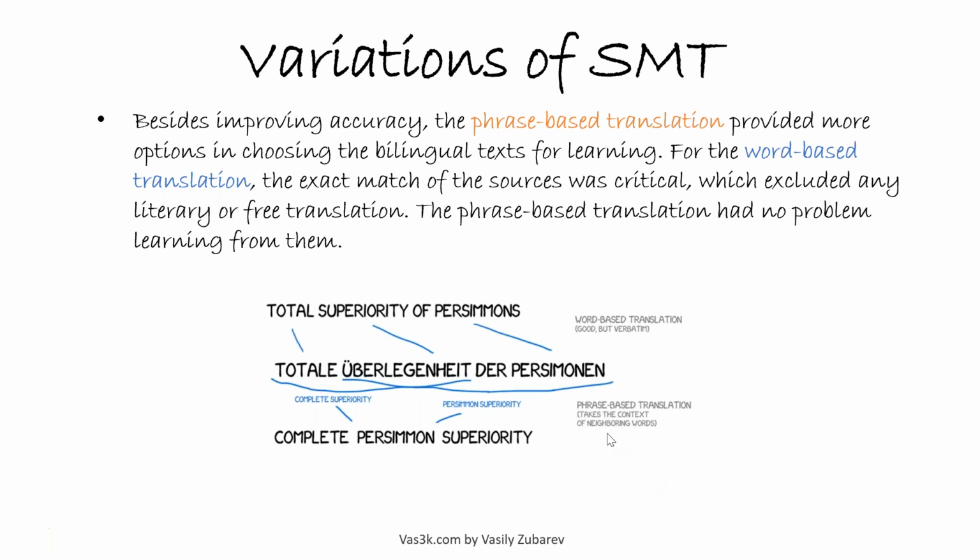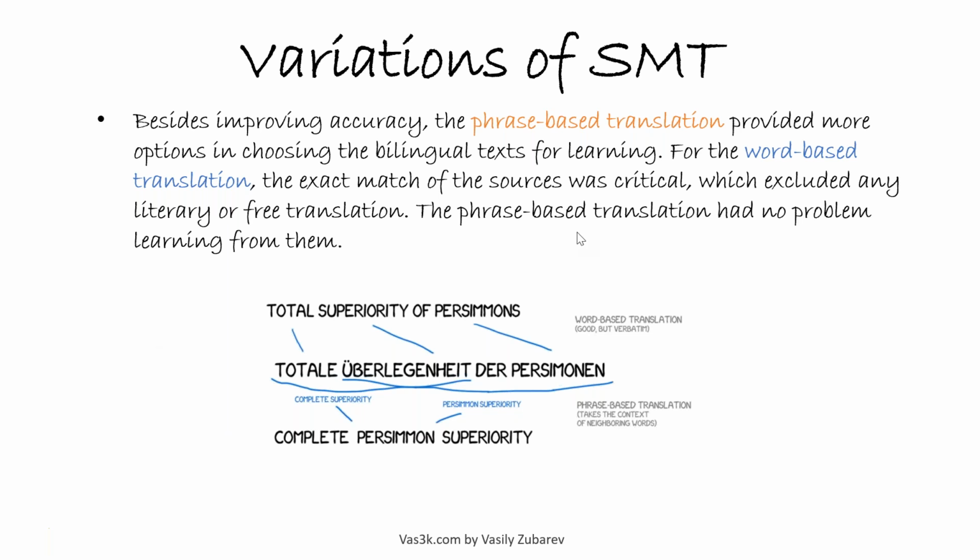Then we had phrase-based translation, where it takes the context of neighboring words, right? So we get the feature along with its context, like what it means or what it is talking about, which we did not have in word-based translation.